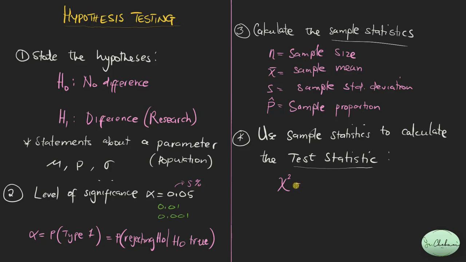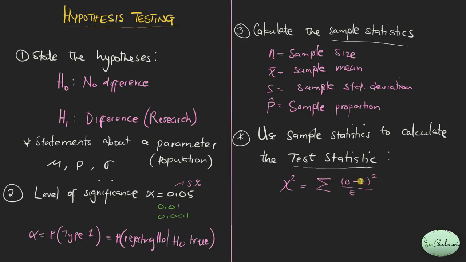So the formula for getting the chi-square value, which is a test statistic, is the sum of observed frequencies minus expected frequencies squared divided by the expected frequencies. What this means is for every cell in our contingency table, we look at the observed frequency in that cell, and then we subtract something called the expected frequency.